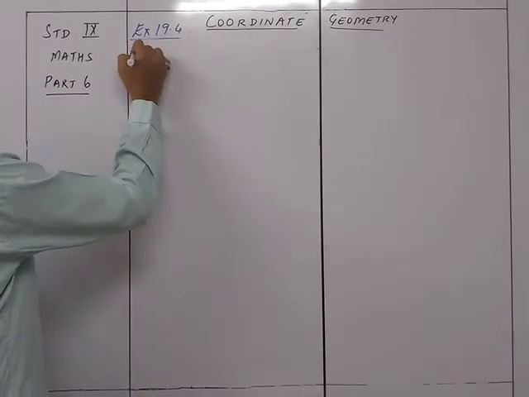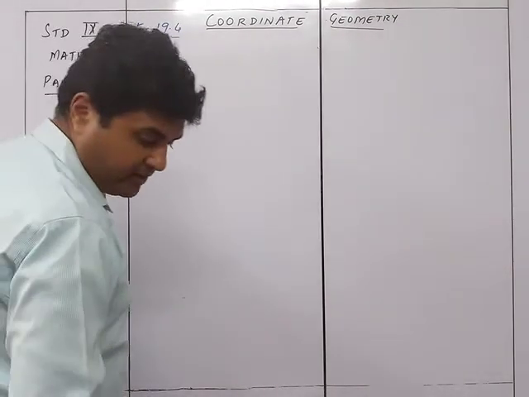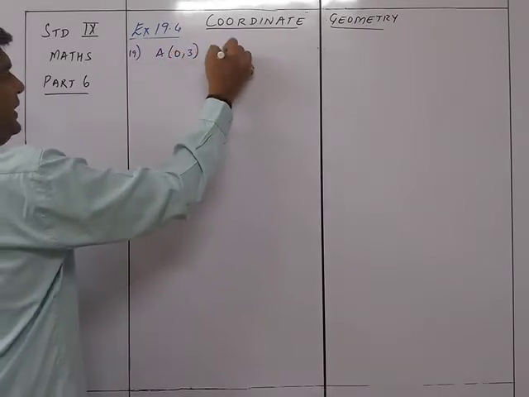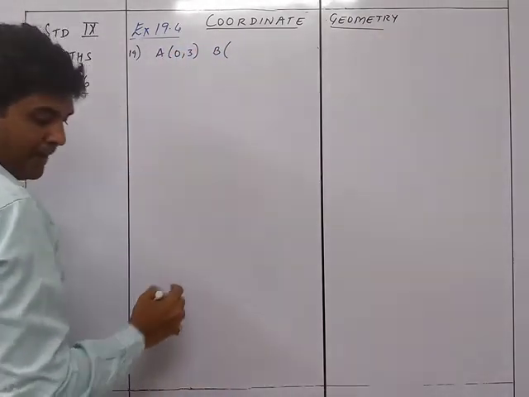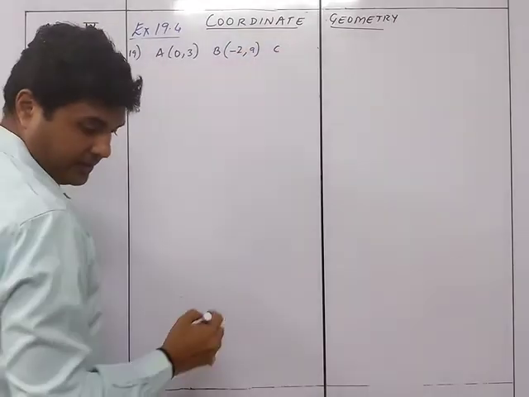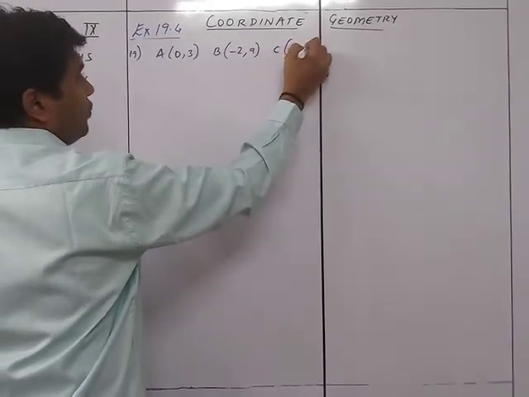So in sum number 19, what we are given is A is (0, 3), B is (-2, A), and C is (-1, 4).